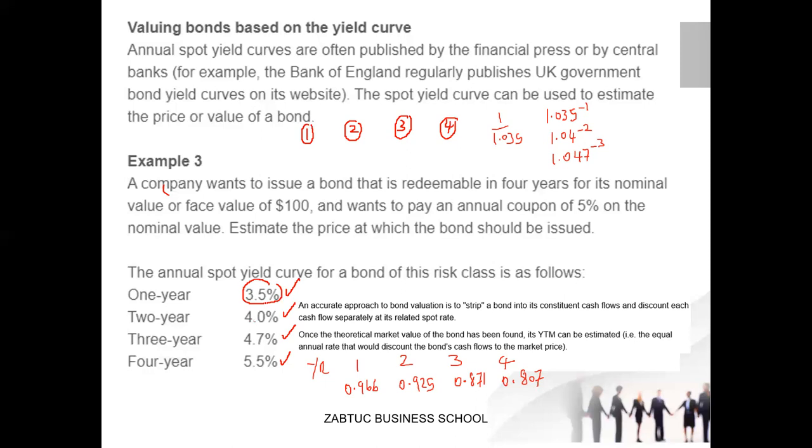Yeah, but you see, we're not summing them up, because what ideally could have happened, you need just a single interest rate for all of them. Remember when you are discounting, you need a single interest rate, but here you're not using a single interest rate. One cash flow is being discounted at 3.5, another one at 4%, another one at 4.7, another one at 5.5. Ideally, just use one discount rate and find the discount factors for a number of years.